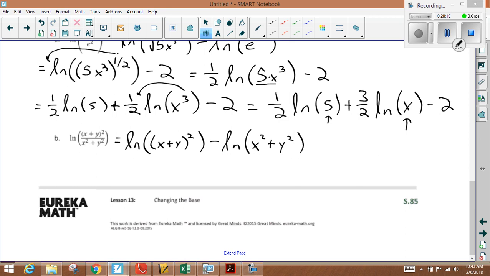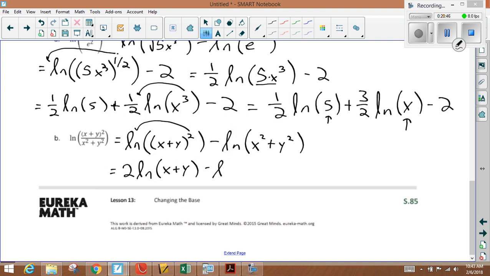Alright, so it looks like I can take this 2 and bring it out to the front. So this is going to become 2 natural log of x plus y. And this is going to be just, I mean, there's nothing I can do with this. I don't have a rule yet that says what I do when I have a sum within my log, right?